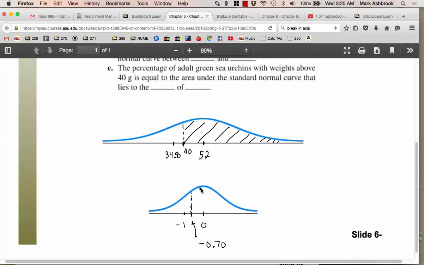If we want all the area to the right of negative 0.7, how does it compare to all the area to the right of 40? Same area, right? So if we find the z-score and get the area in the standard normal curve, that will be the same as the area for the corresponding x value, 40, to the right of that. So these areas are the same.